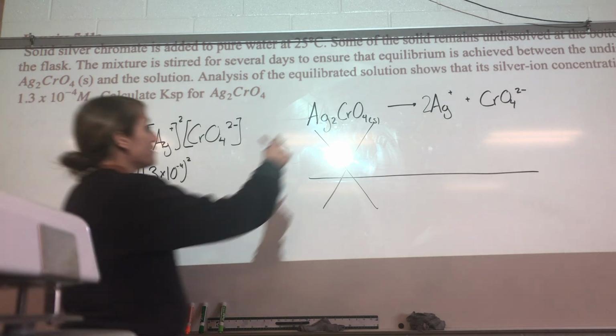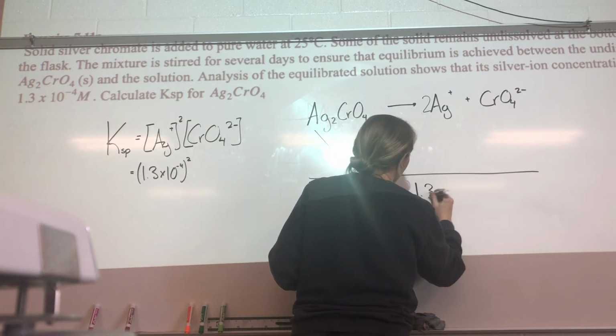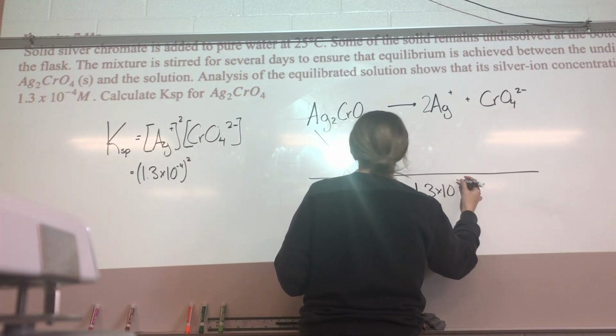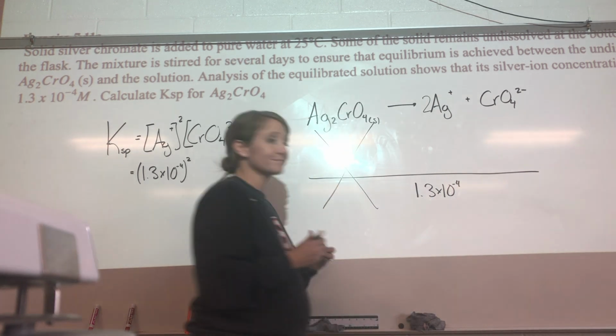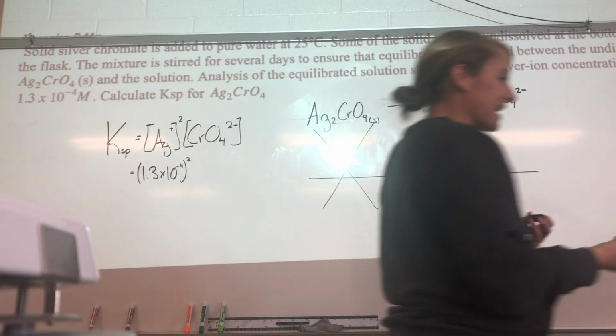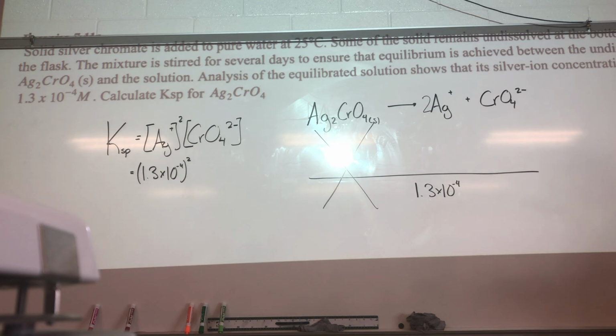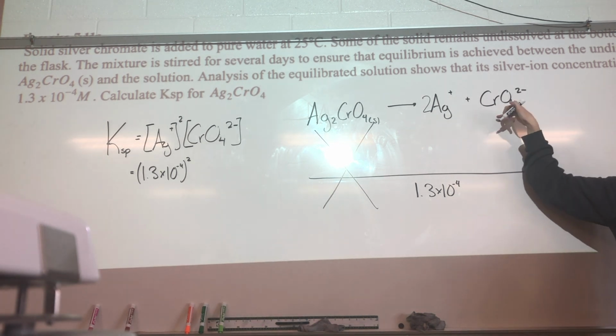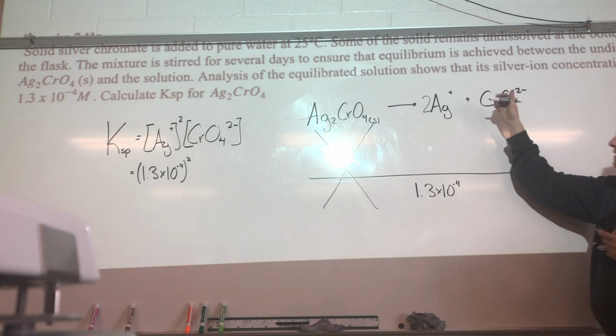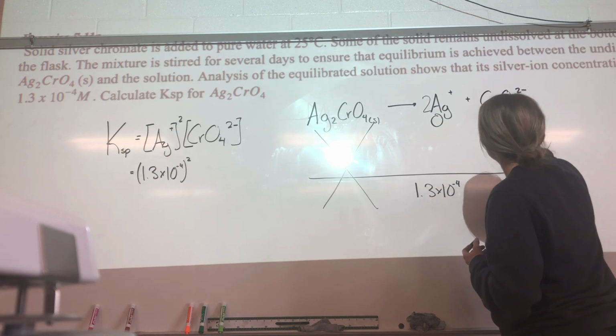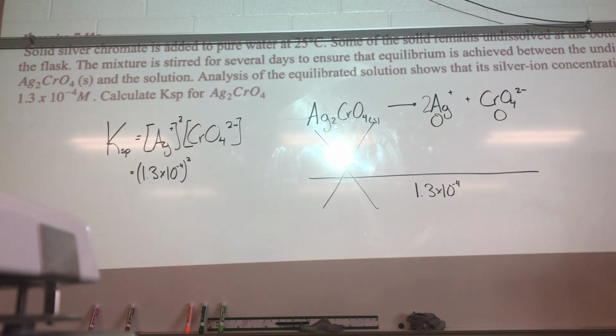We know the value of Ag at equilibrium. The other thing that makes KSP RICE charts easier is the initial concentrations of our ions are going to be 0. Why do I have 0 of those when I start the reaction? Because they're not there.